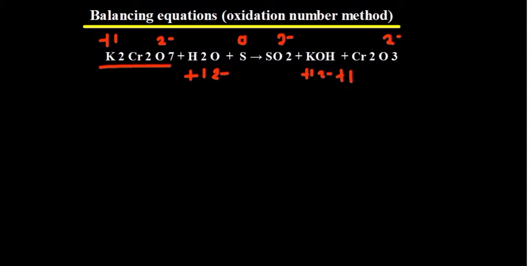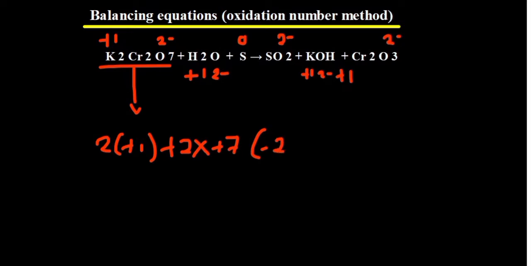So we'll start with this side. We have got a positive for potassium, and there are 2, so it will be 2 multiplied by positive 1. Let's have X for chromium. So we've got 2 chromium atoms, so it will be 2X. Then we've got 7 oxygen atoms, each having -2. And the overall charge of a compound is 0.